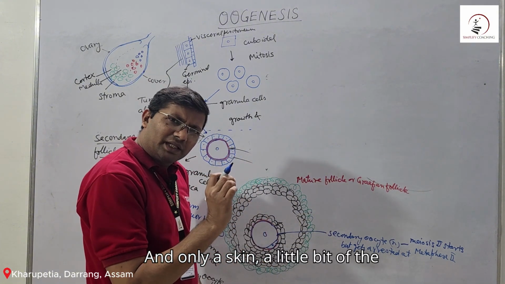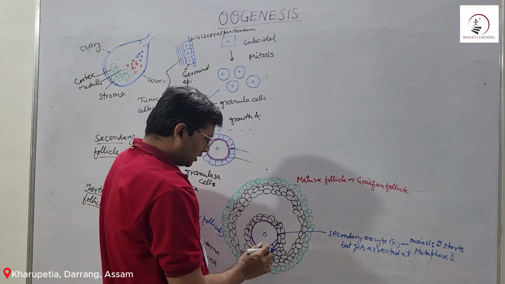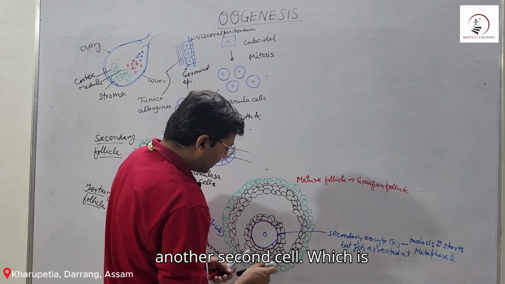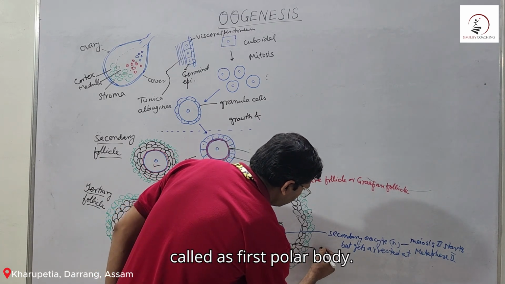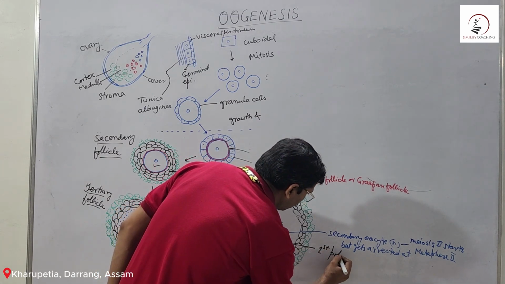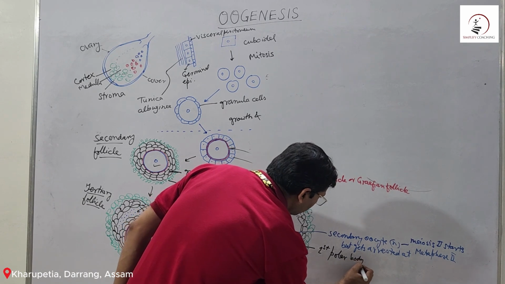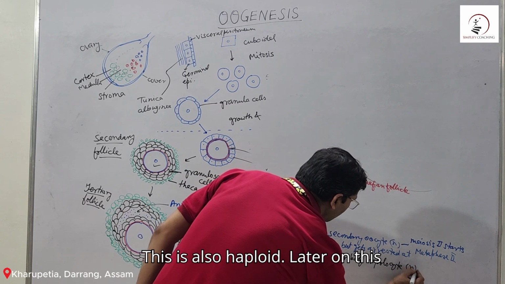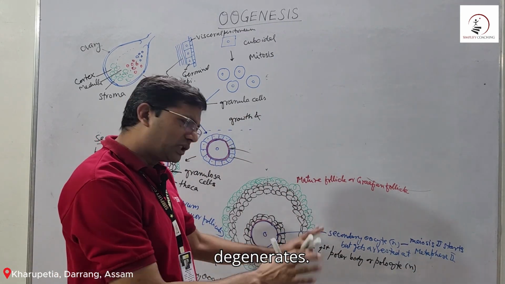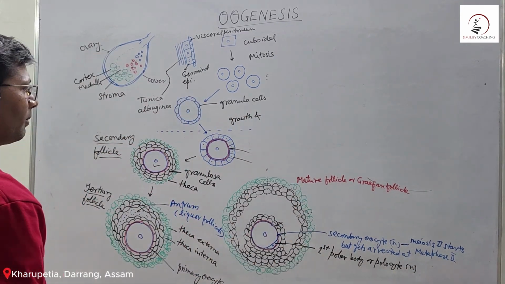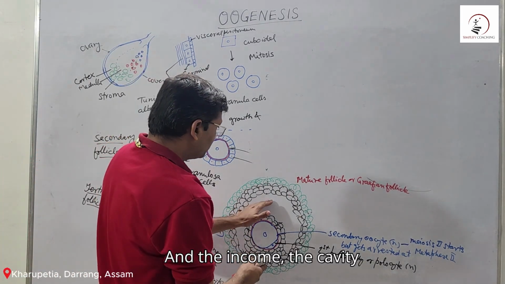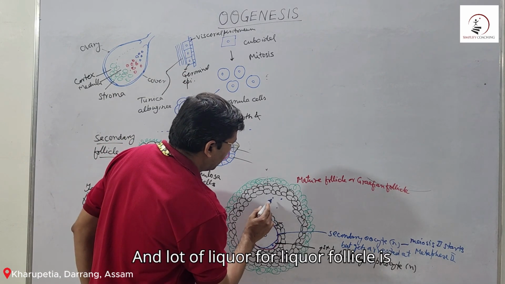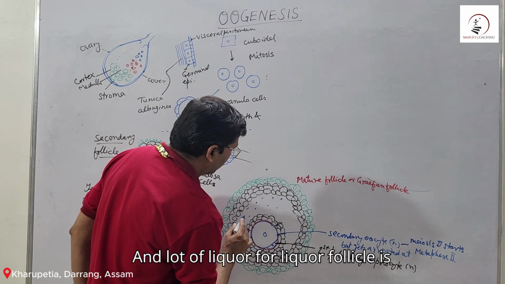And only a little bit of the cytoplasm is given to this another second cell which is called the first polar body. This is also called a polocyte. This is also haploid. Later on this degenerates. And the antrum, the cavity, further grows and a lot of liquor folliculi is there.